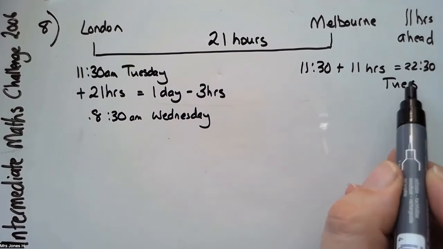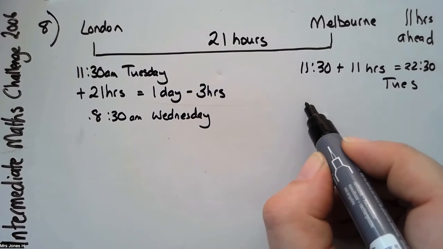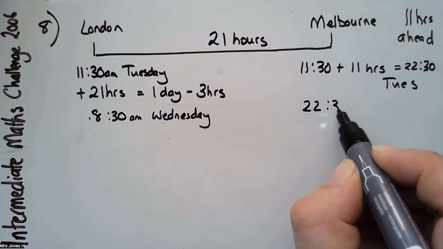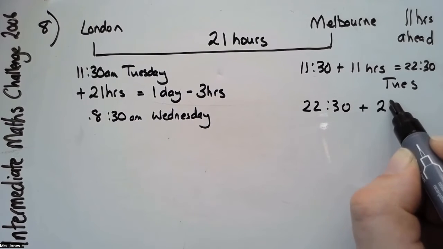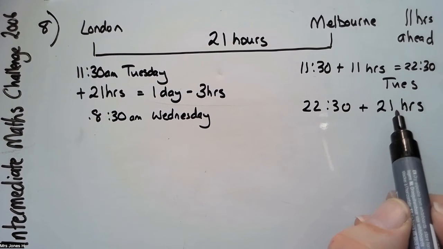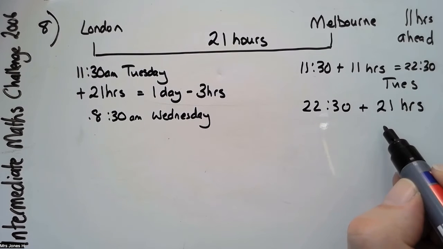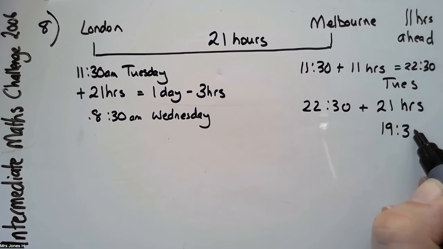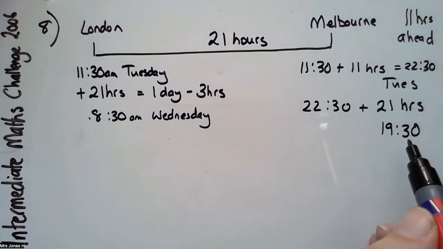So we're going to add 21 hours to this. And again, I'm going to add a day and take away 3, which takes me to 19:30 on Wednesday.